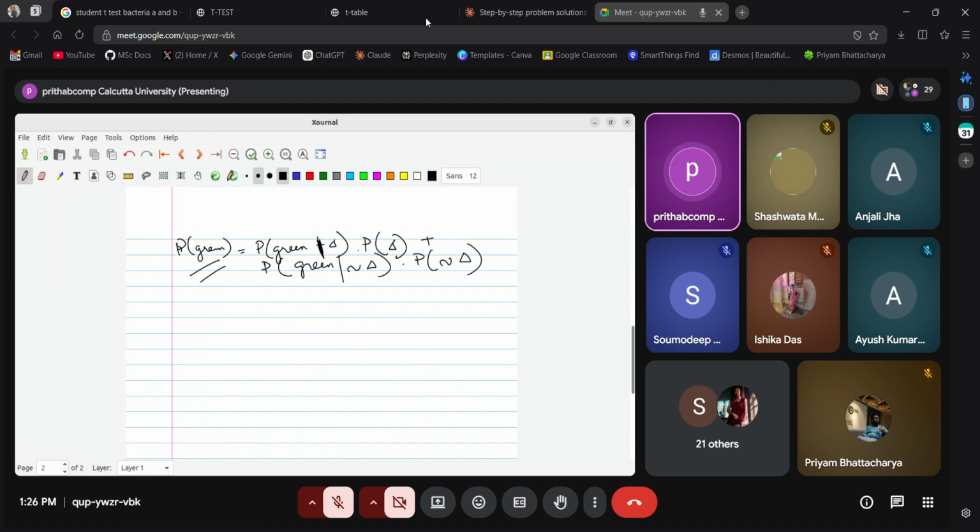So now we can generalize that probability of A given B, and you have also seen the Bayesian theorem in this format.